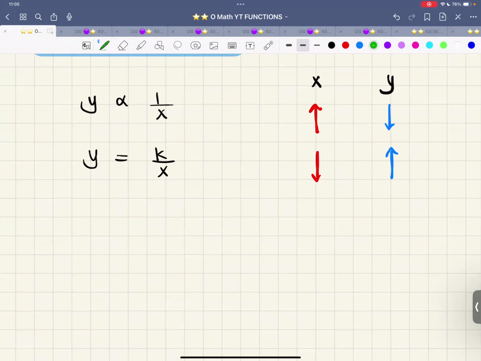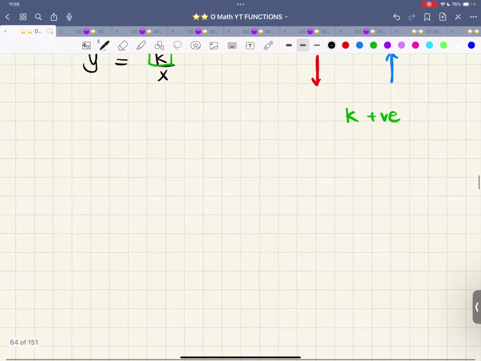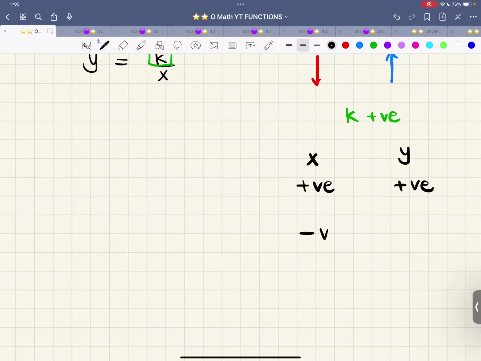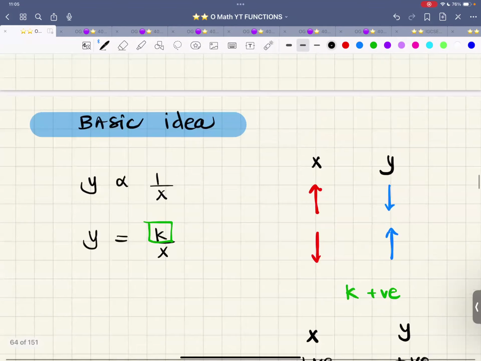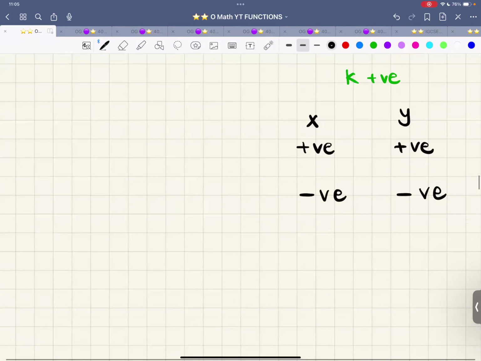And then if k is a positive constant, then if x is positive, that means y is positive. If x is negative, that means y is negative. So now this is the basic idea, plus one other basic idea that we need to take care of. That is 0 divided by any number is 0.